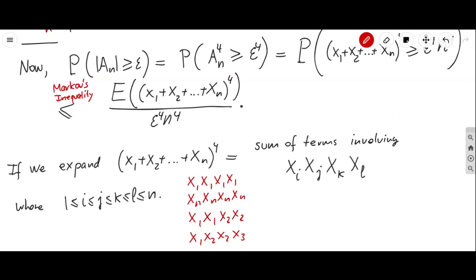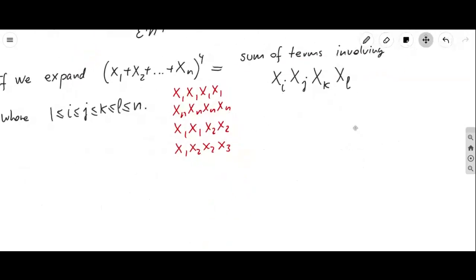Now, here is the part which is very important. If i, j, k, and l are distinct integers, then here we're going to use independence.